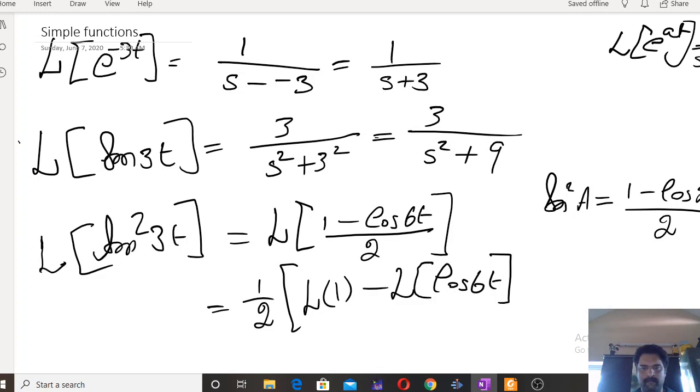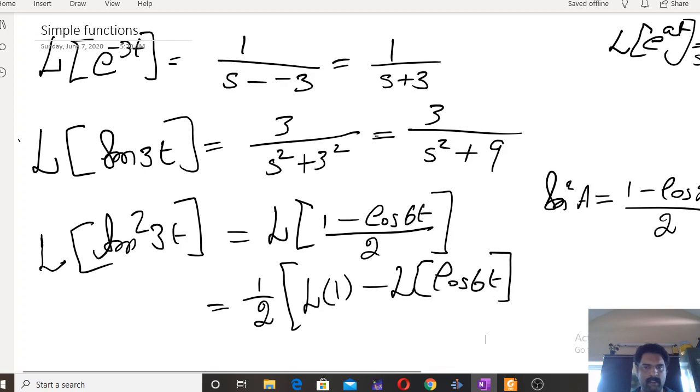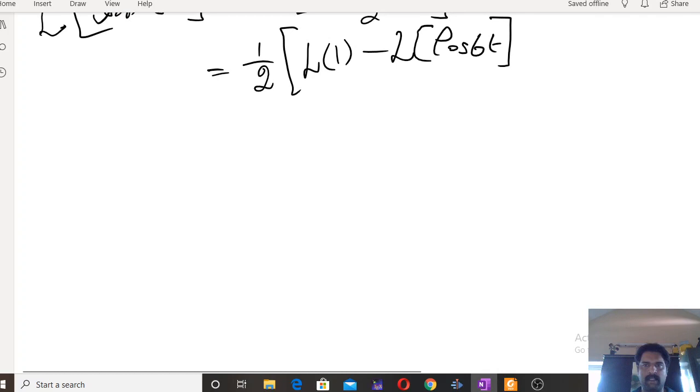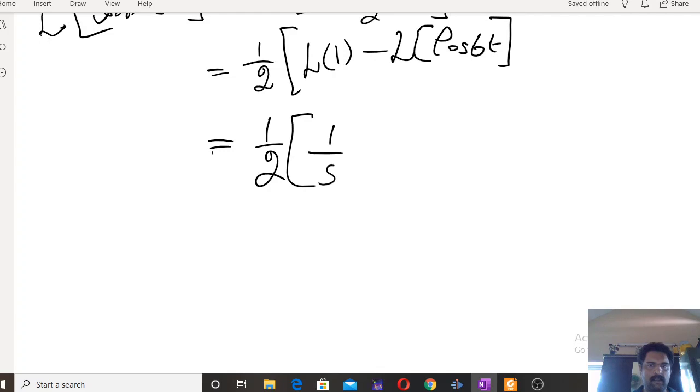The Laplace transform of 1 is 1 by s, and the Laplace transform of cos 6t is s by s square plus 6 square, that is 36.